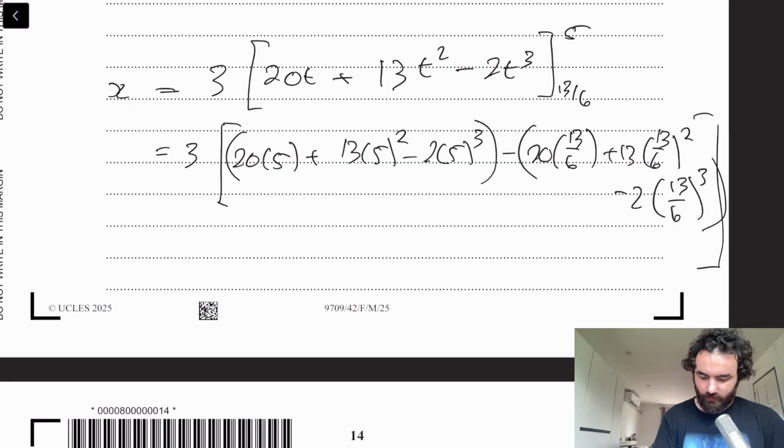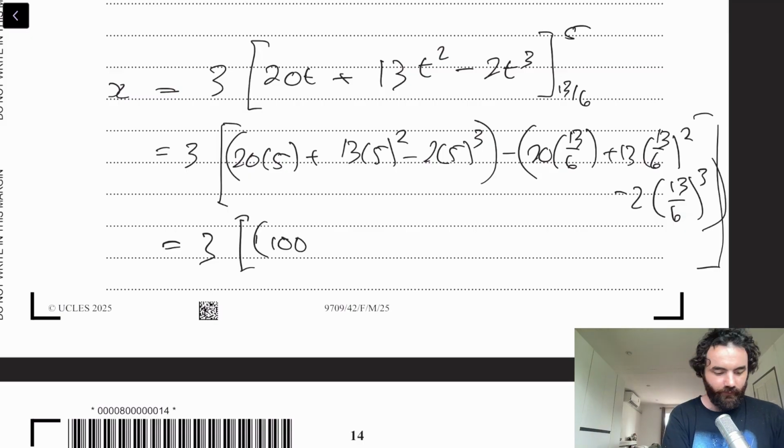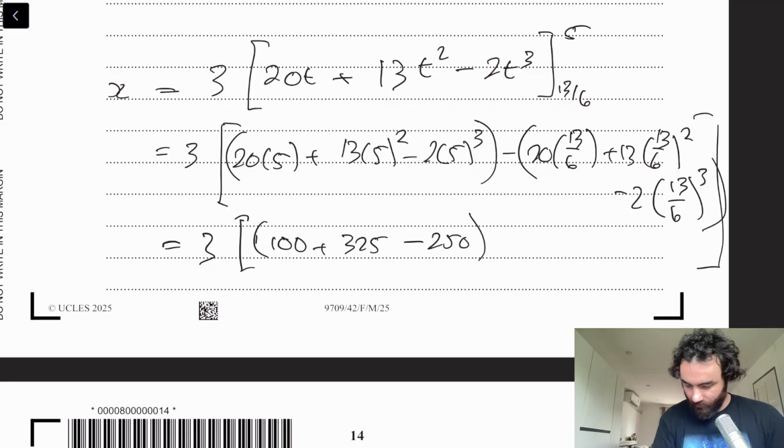Okay, so I'm just going to plug all this in. 20 times 5 is 100. So this is 100. 5 squared times 13 is plus 325 minus 5 cubed times 2 minus 250, minus this thing, which is 13 over 6 times 20.